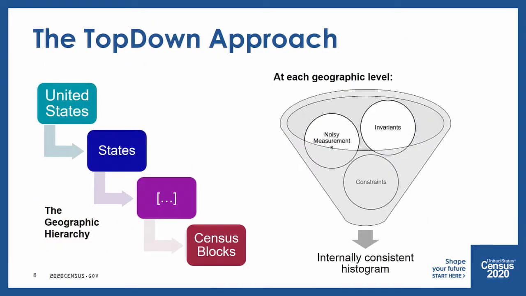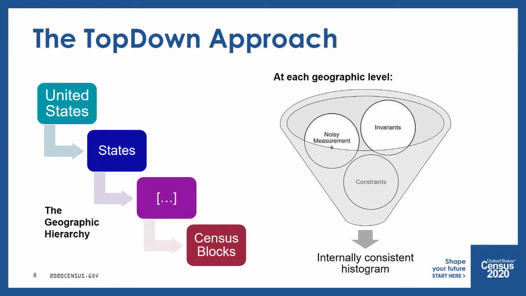So how does the top-down approach work? We start at the level of the overall United States, the histogram of the entire US. We take the noisy measurements for the US as a whole, the invariants, which I mentioned before, and all of the edits and structural zero constraints that need to be met.